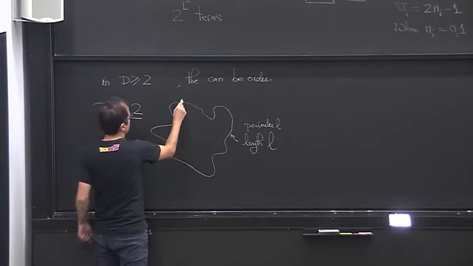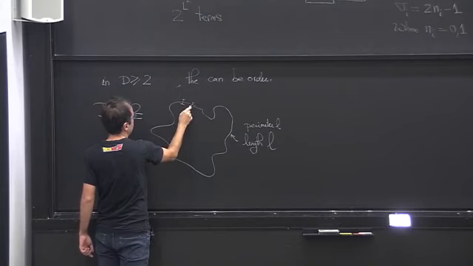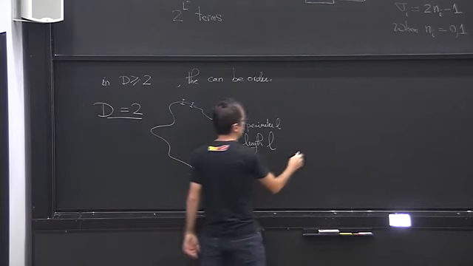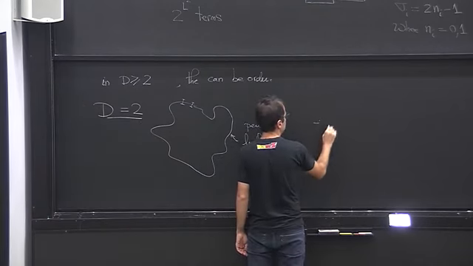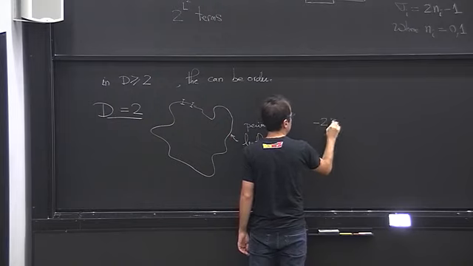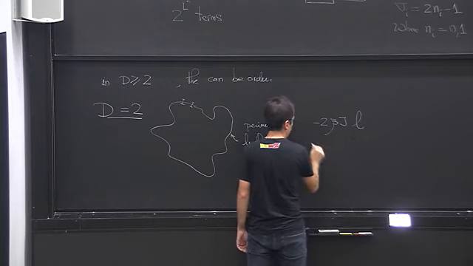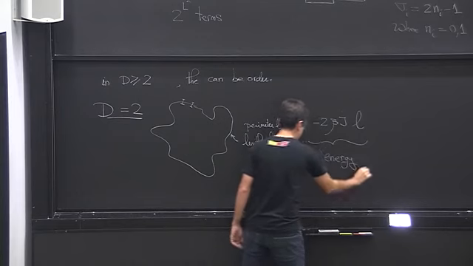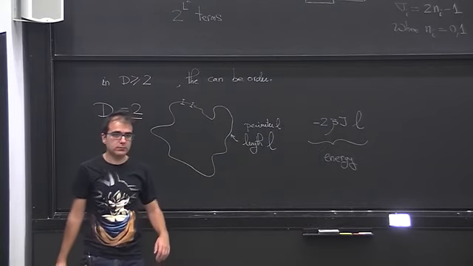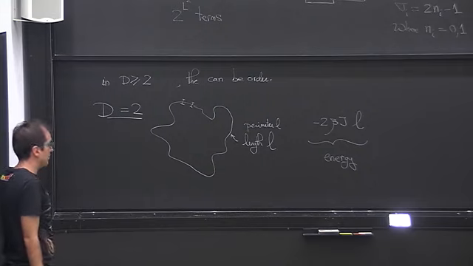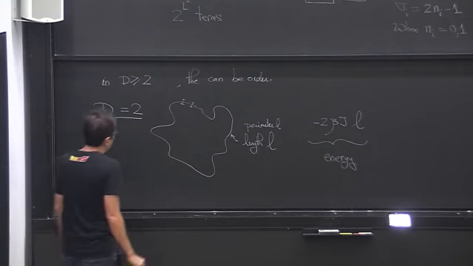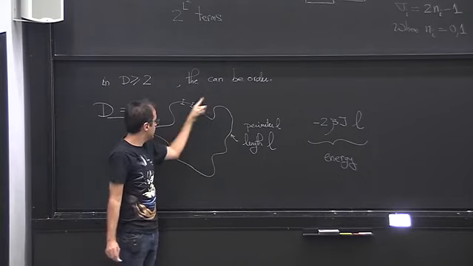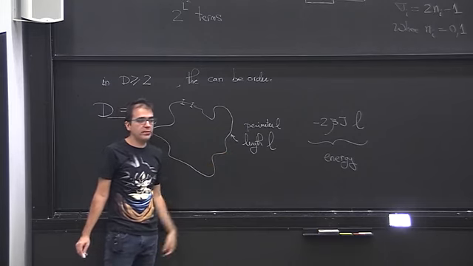So what's the energy cost of this configuration? Well, at each side of the perimeter, I have 2 beta, so it's 2 beta at each side, and there are length L. So it's minus twice beta J times L. That's the contribution to the free energy from the energy. Now, what about the entropy? How many paths are there that encircle some domain which have length L?